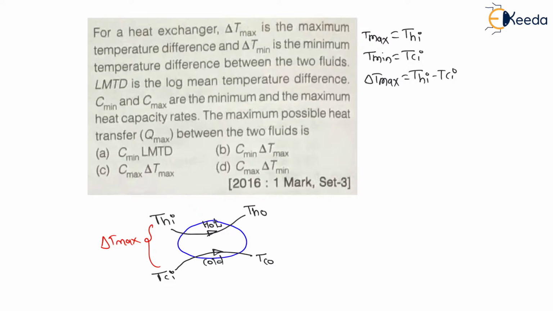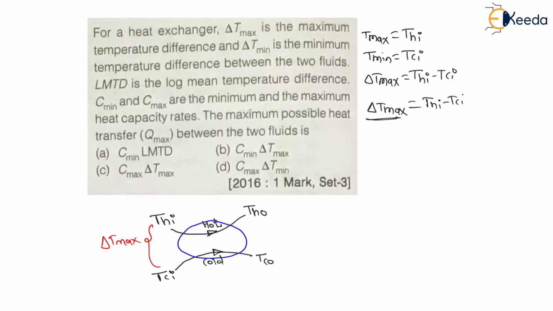Therefore, for the maximum heat transfer condition, we have to consider delta T maximum, because the maximum heat transfer will occur whenever there is a maximum difference between them. Therefore, definitely for maximum heat transfer between hot fluid and cold fluid, we have to consider the maximum temperature difference, which is nothing but Thi minus Tci, right?